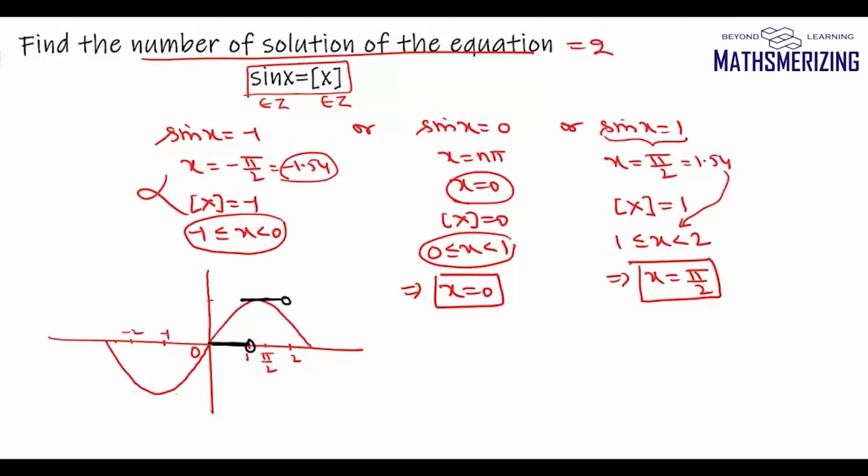Then it'll be here. So these two graphs intersect at these 2 points. One of the points is x equal to 0 and the other point is x equals pi by 2. So from the graph also we can say the number of solutions to this equation is simply 2.